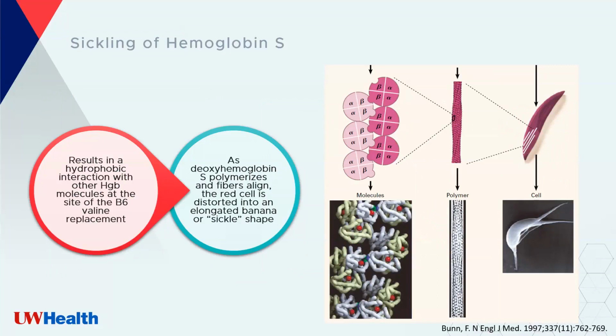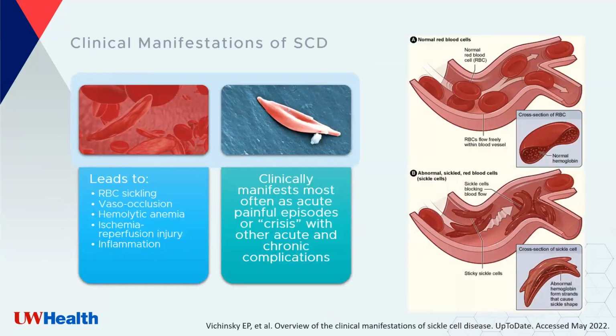And the sickling of these hemoglobin S cells and molecules. So ultimately, what this manifests in our patient populations, it leads to that sickling I alluded to, but it also can cause vaso-occlusion, hemolytic anemia, ischemia, reperfusion injury, and inflammation across various sites, various organs in the body.